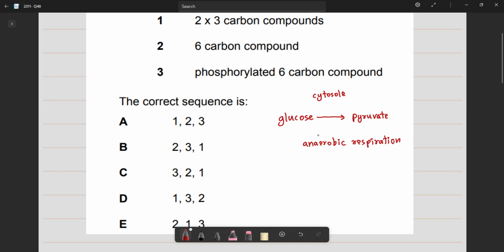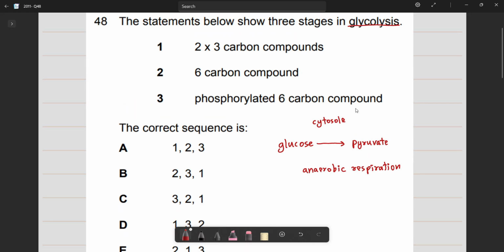It occurs in the absence of oxygen, so it produces less ATP, and its main product is pyruvate. That's why it's also known as substrate-level phosphorylation.